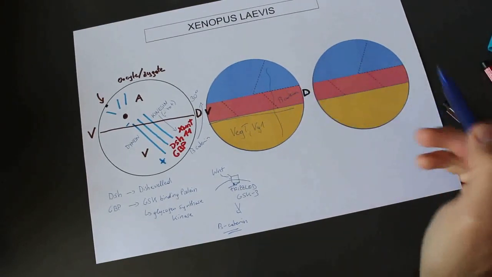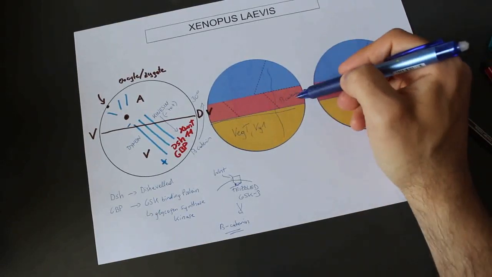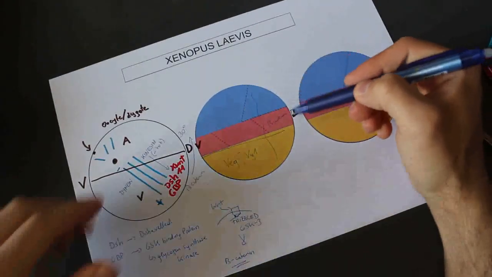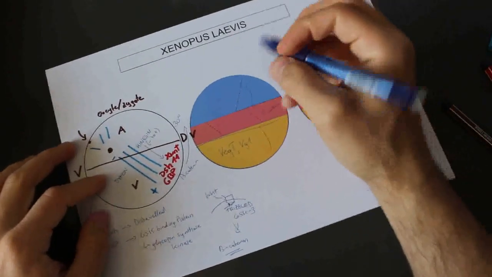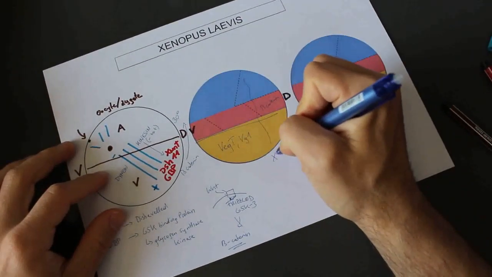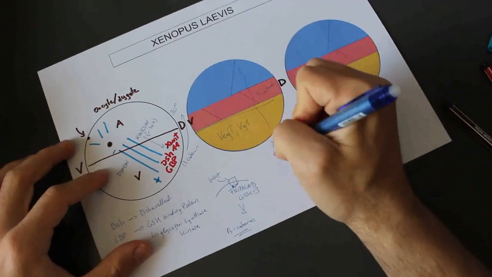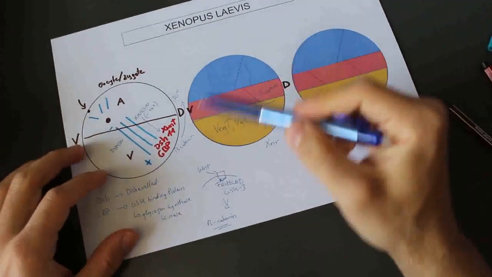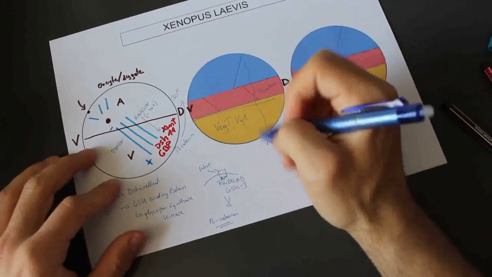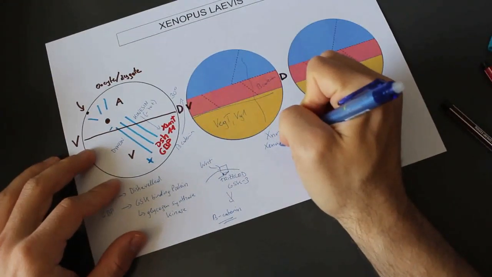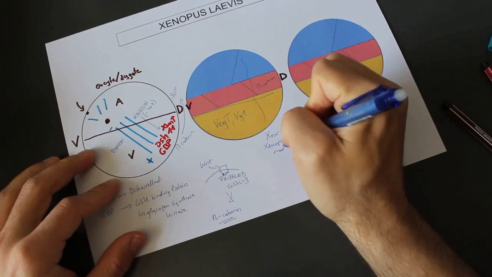Beta-catenin is here, and what's also important is that beta-catenin and VegT are both important for transcription and translation of something called XNR. We had X already here with X-Wnt. X always stands for Xenopus, nodal related.